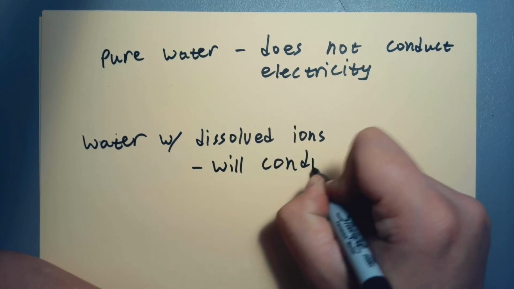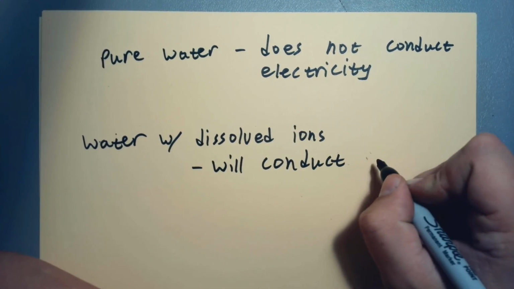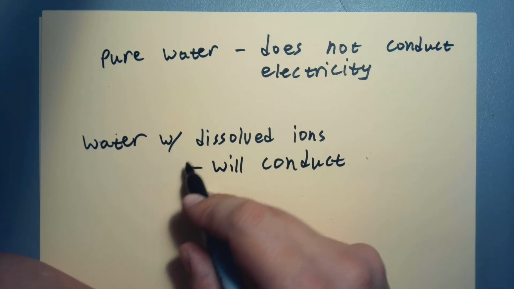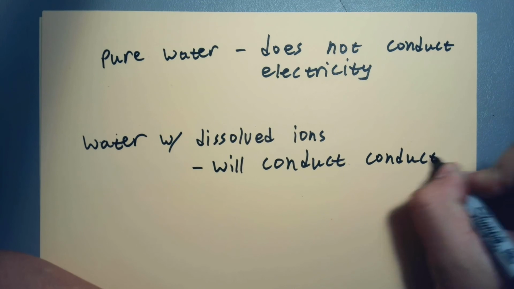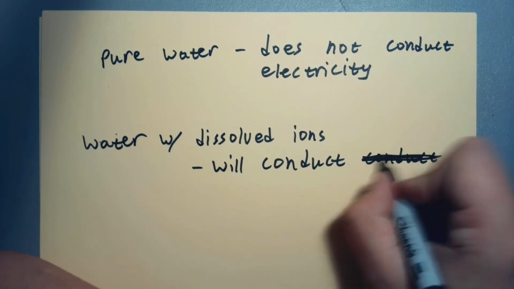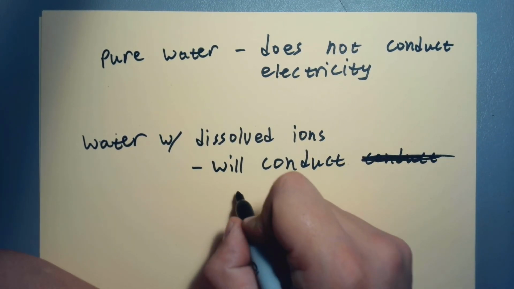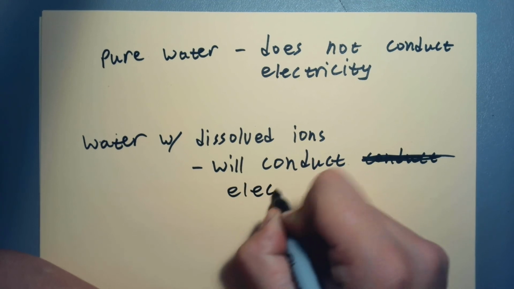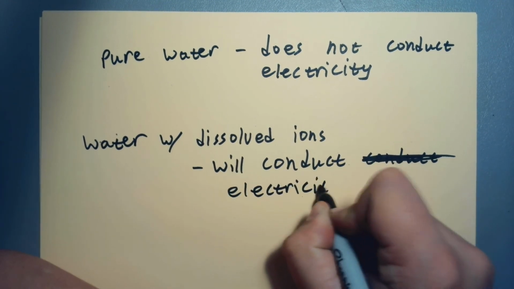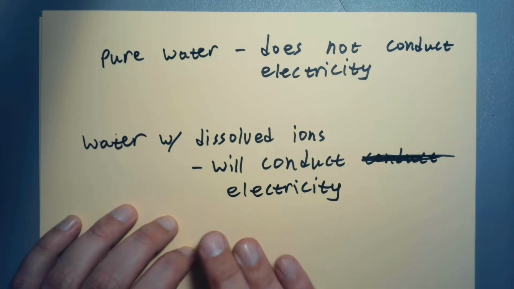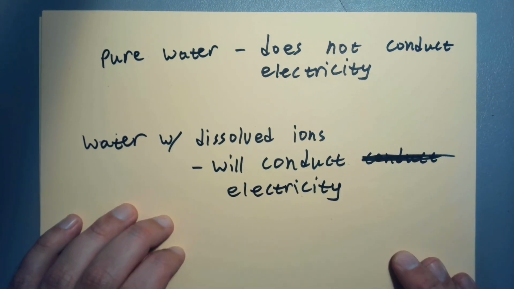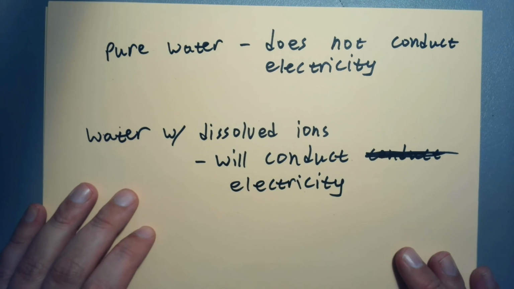So the answer is that pure water insulates against electricity, but effectively all the water we ever deal with in our lives will not. It will conduct electricity. Alright. So that's where the name comes from. It's called an electrolyte because it allows electricity to move through the water.